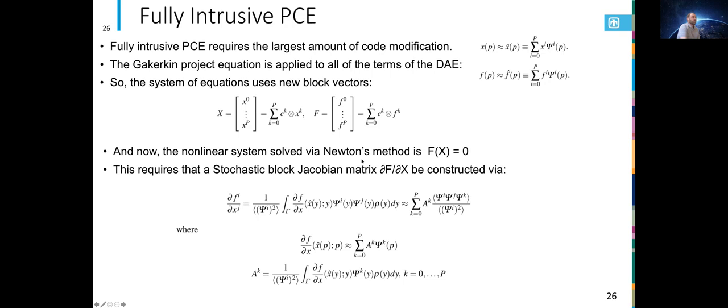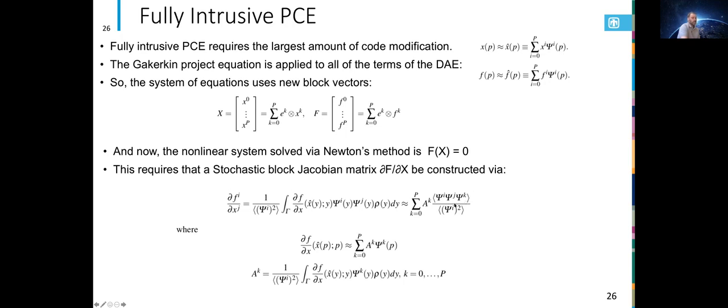And you can actually construct that. I didn't know how to do this beforehand, but I do now. You can construct that using a formula that's shown here. There's a bit of an approximation here at the end. But basically, if you have your original matrix entry, which is df/dx, then you apply your standard projection to df/dx, and that gives you this term a_k, which you can then plug into this formula here.